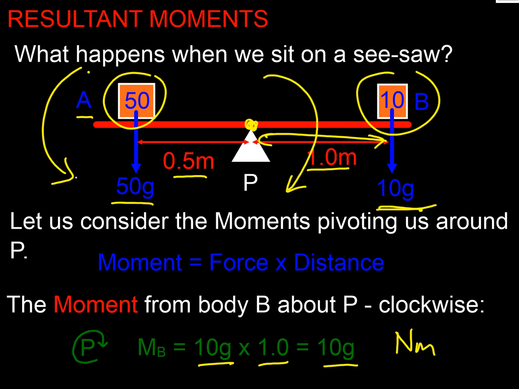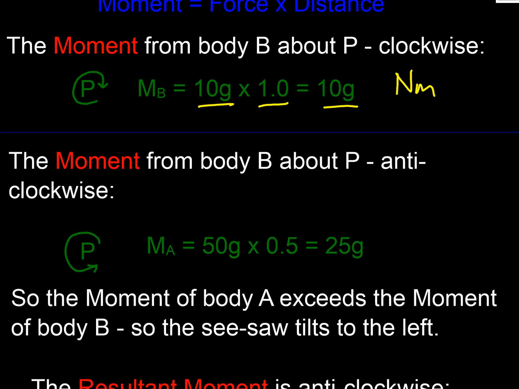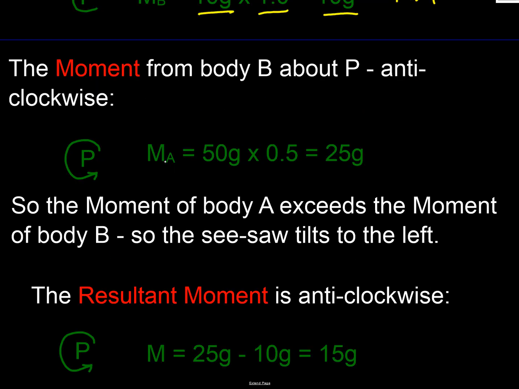It's trying to do it in the anti-clockwise direction, isn't it? So I could work out what this moment is. Well, it's going to be that force times that distance, and that's in the anti-clockwise direction. So the moment that body A is creating is 50 g times 0.5 as the distance. So it's 25 g, and that's in newton meters. So that one's going anti-clockwise.